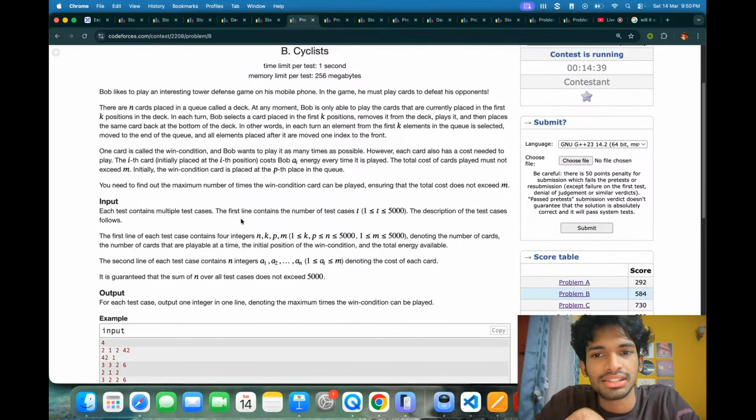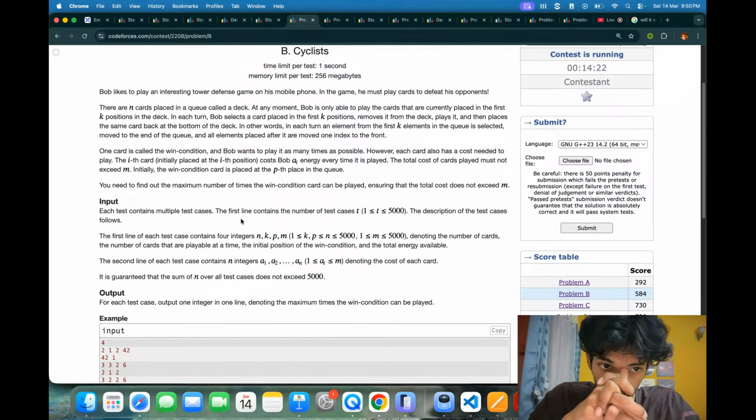However, each card also has a cost needed to play. The ith card costs Bob ai energy every time it is played. The total cost of cards must not exceed M. Initially, the win condition card is placed at the pth place in the queue. You need to find out the maximum number of times the win condition card can be played, ensuring the total cost does not exceed M.